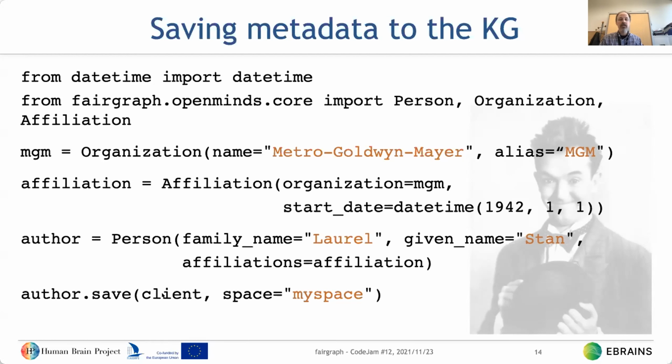So author.save using our client, and importantly, space is now my space. So I'm saving this to my own personal space in the knowledge graph. Only I can access it. If I use a collab space, then only people who have access to the same collab can access it.